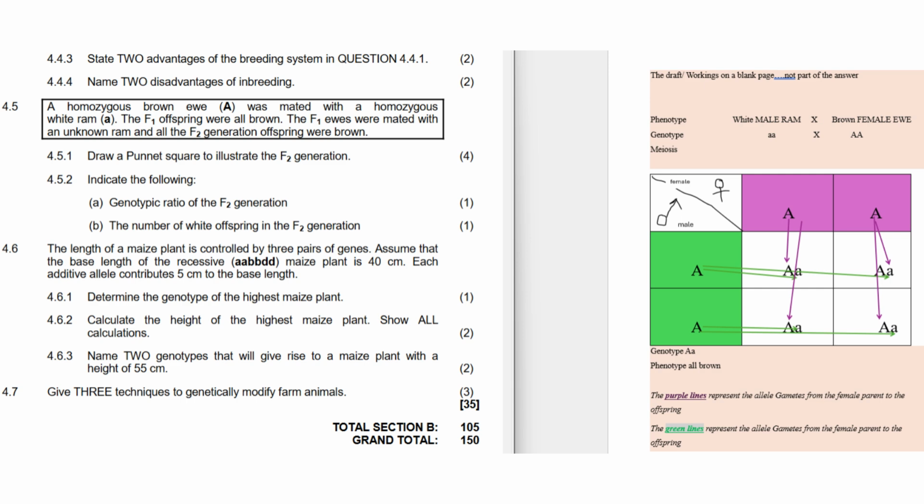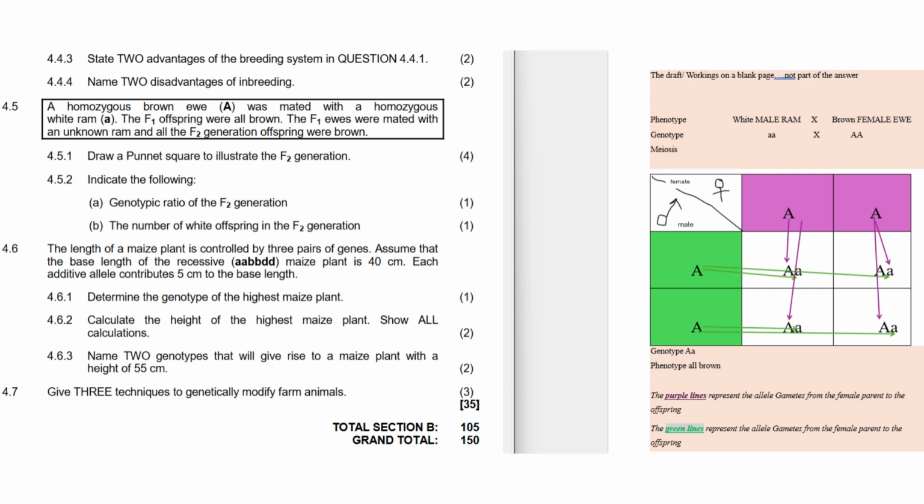All offspring were brown. The first filial generation was mated with an unknown sheep, and all the second filial generation offspring were brown.